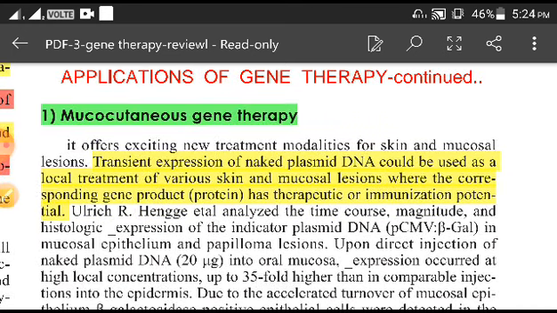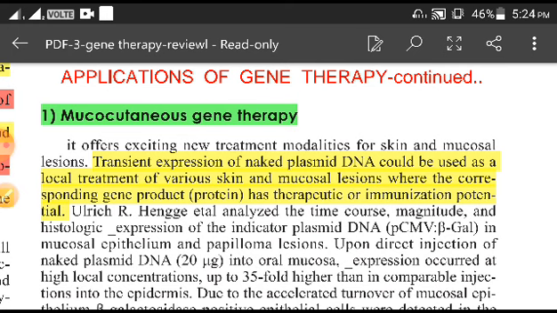There is one application, mucocutaneous gene therapy. In these mucocutaneous related diseases, gene therapy can be applied. Transient expression of naked plasmid DNA could be used as a local treatment of various skin and mucosal lesions where the corresponding gene product has therapeutic or immunization potential.